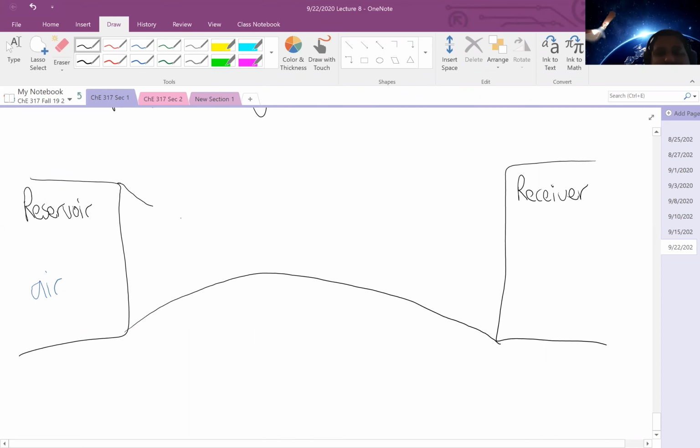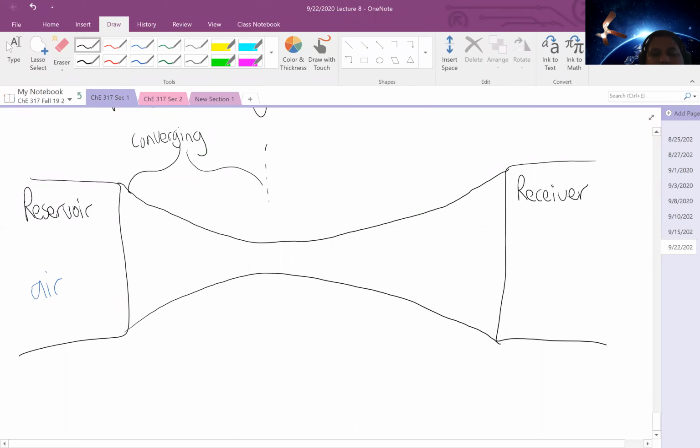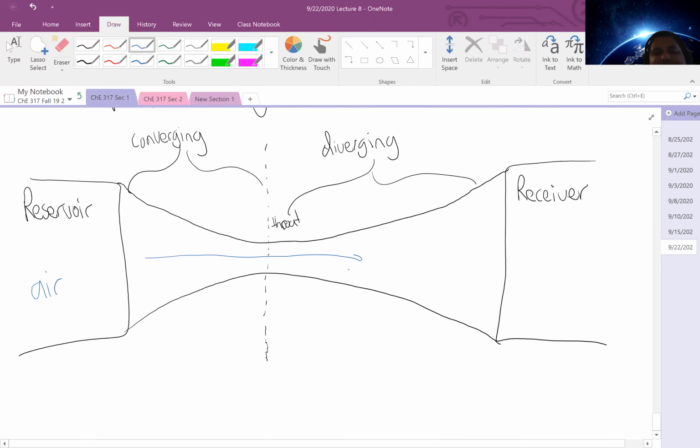This nozzle is composed of 3 sections: a converging section, an area of minimal flow diameter known as the throat, and a diverging area. And flow is going to occur from the reservoir of air to the receiver.